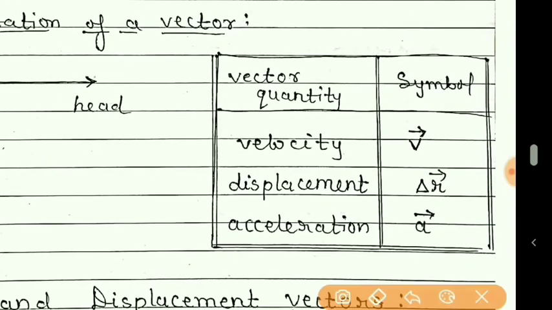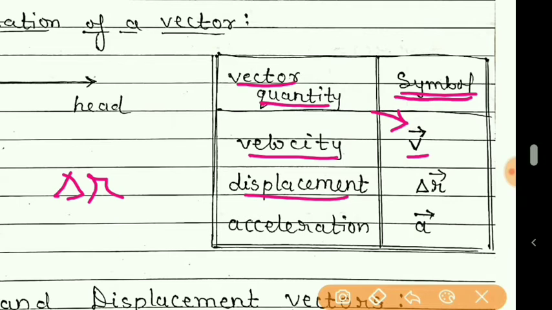Also you can see here I have given an example of how vectors are represented. Here a vector quantity and its symbol are given. Velocity is represented as v with a vector sign on it. Displacement, delta r, with a vector sign.